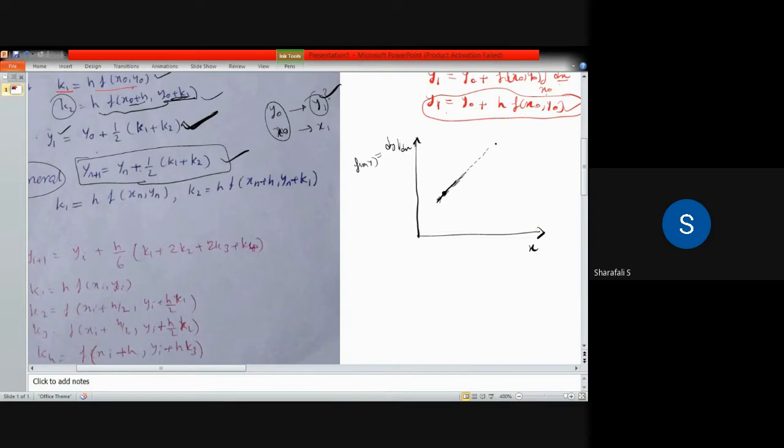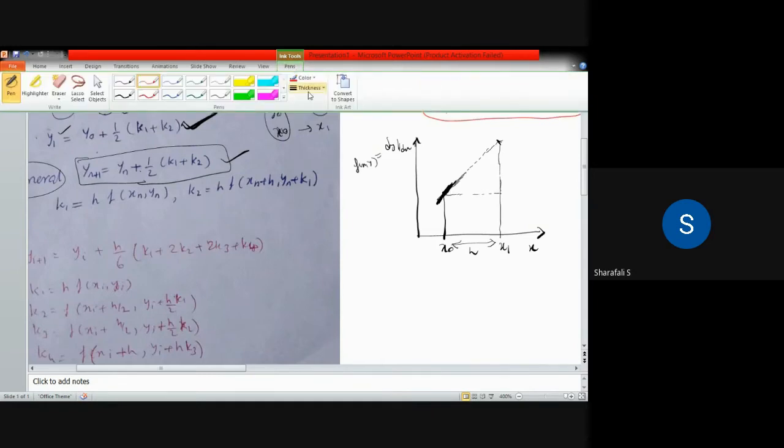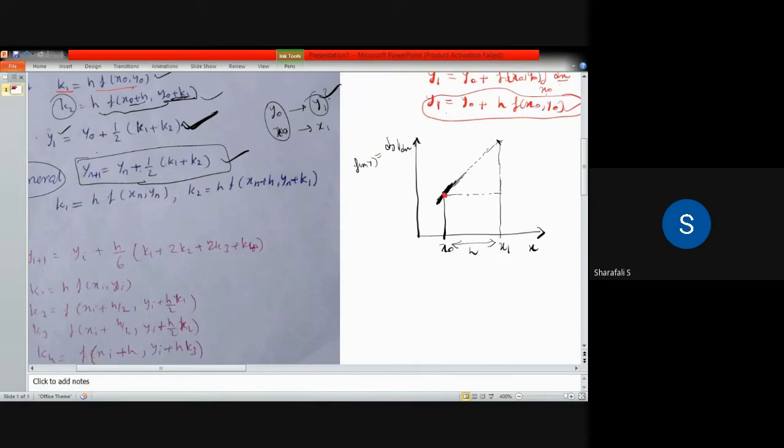Suppose I take the h value up to this. Let's say this is your x0 and this is x1, so this is the h difference. We have a slope like this at this point, and if you multiply that with this h, you will get the next y value. So what you are calculating is, you have this initial point over here, and you know dy by dx at that point.